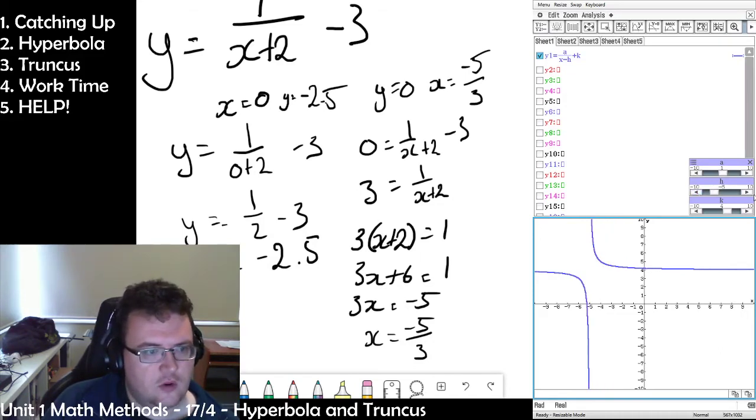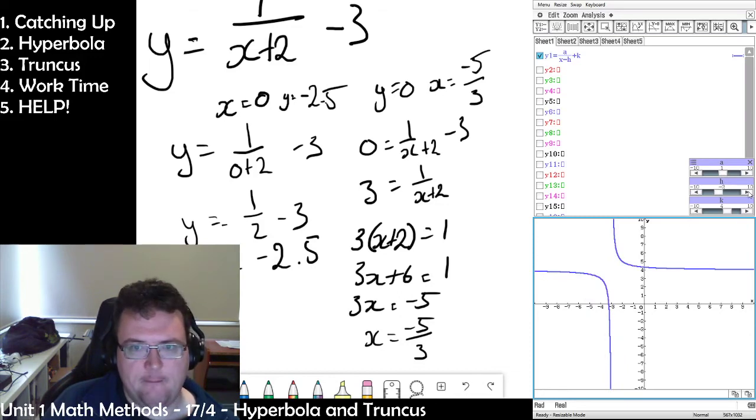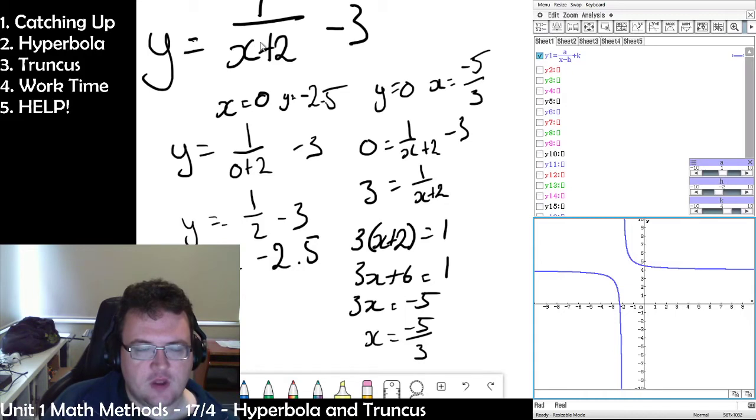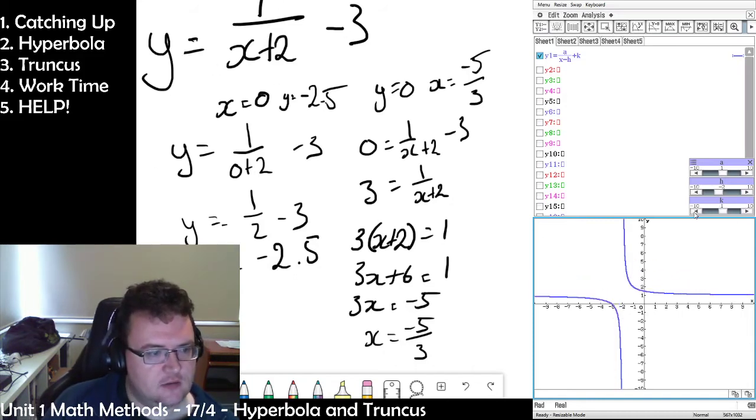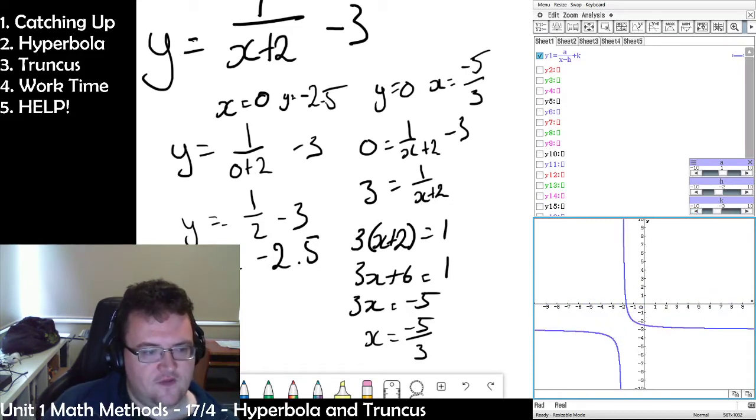So obviously if it's a over x minus h, and so therefore we need h to be minus 2, because minus 2 is plus 2 as it is up on the graph, and then minus 3 down there.